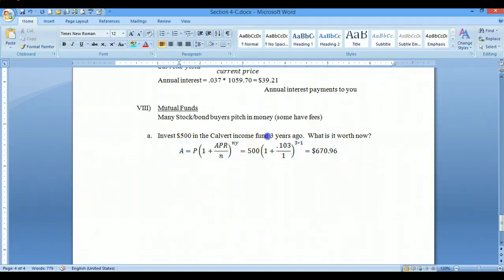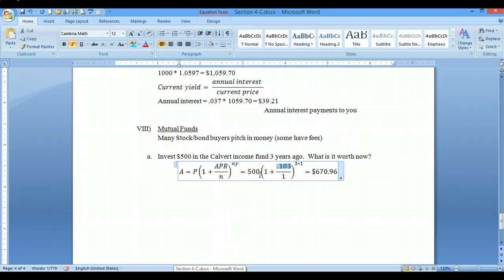And this is a mutual fund, so I'm going to take my compound interest formula and I'm looking for the final amount. So the initial amount, or P, is 500, and then inside here I have 1 plus. Now, here I have a different example than you do in your book.